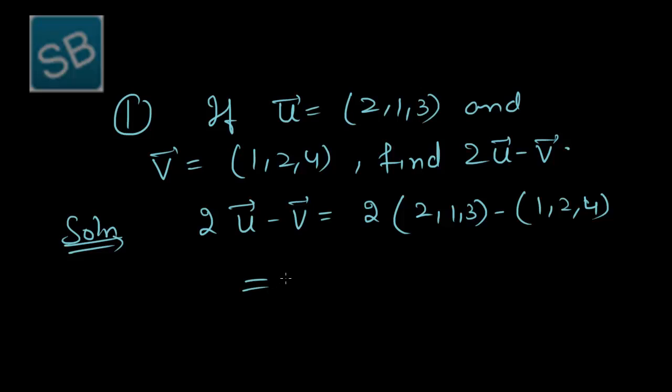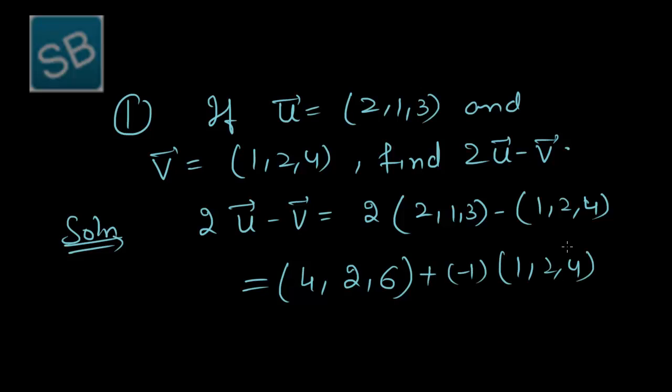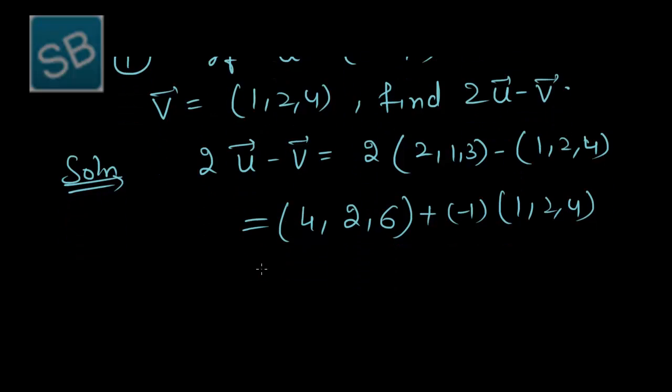So k times vector x, it becomes 4, 2, 6, plus minus 1 of 1, 2, 4. Another scalar, that is minus 1.